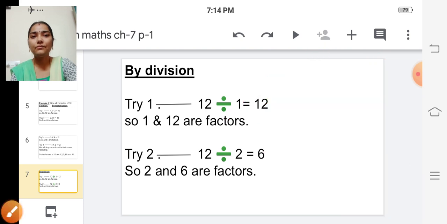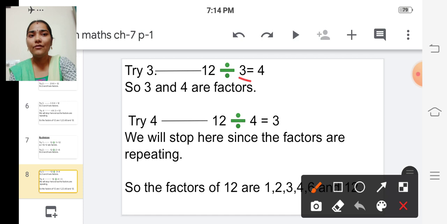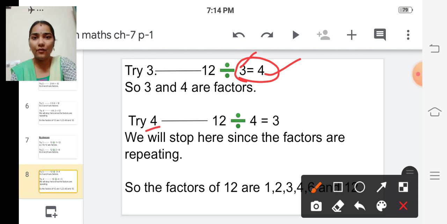See, try 3: 12 divided by 3 is equal to 4, so 3 and 4 are the factors, that is the quotient and the divisor. If we divide 12 by 4, we get quotient as 3. So again we get 3 and 4 as factors of 12, that is, factors are repeating, isn't it?